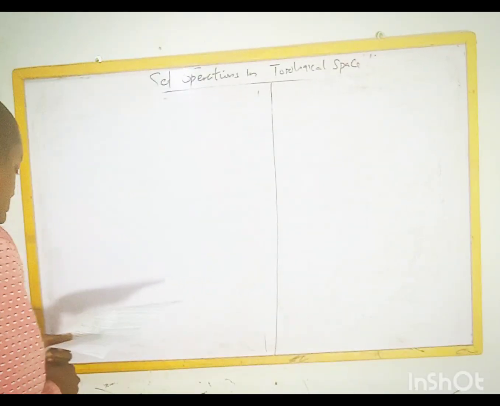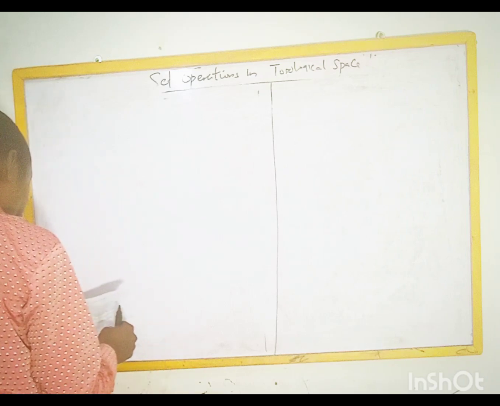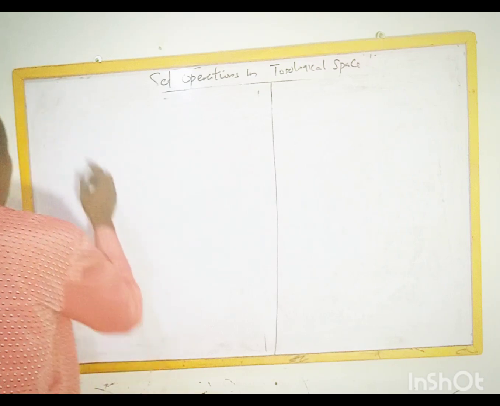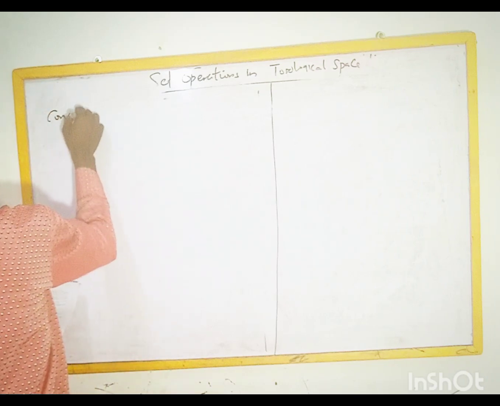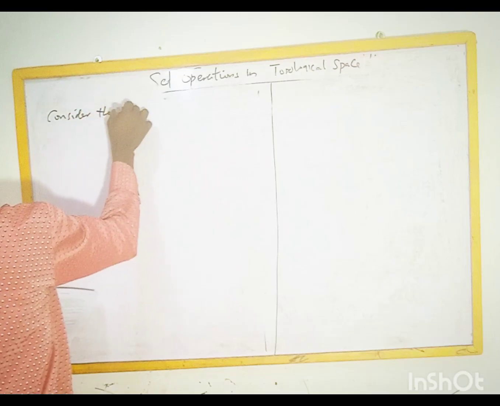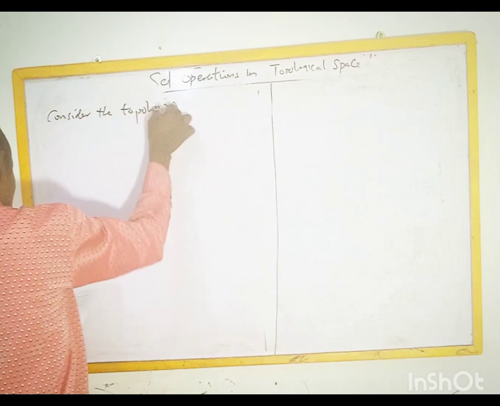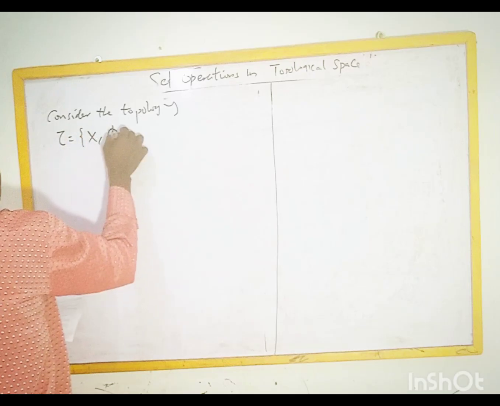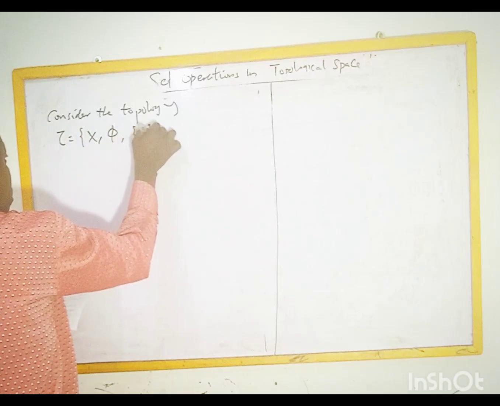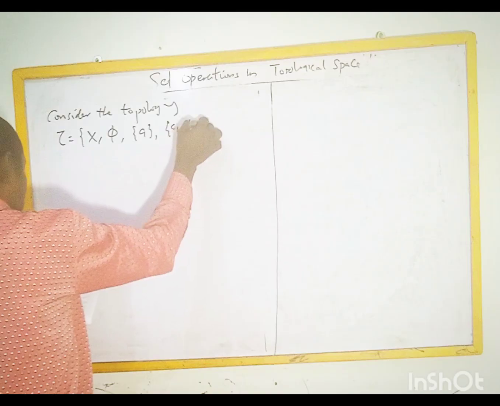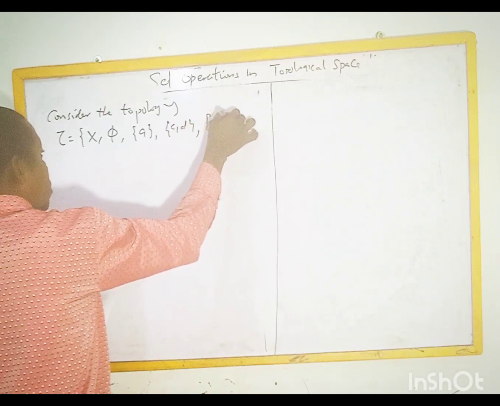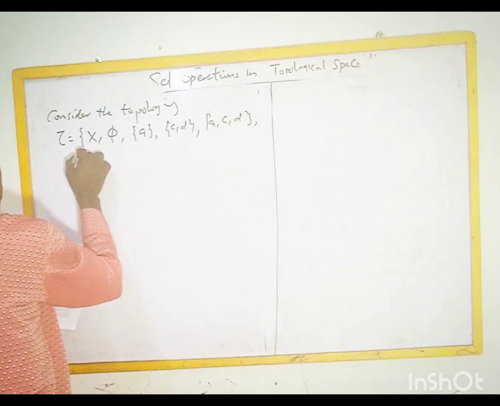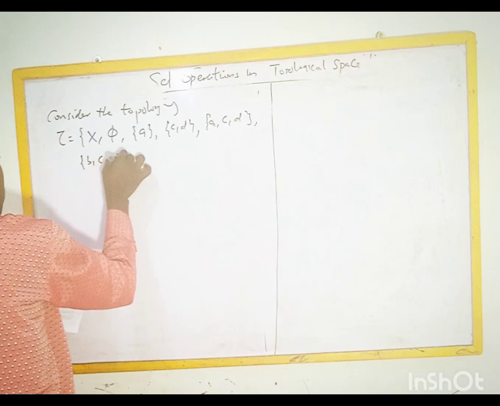Consider the topology. Let's say we are given a topology tau: X, the empty set, {A, C, D}, and {B, C, D, E}.